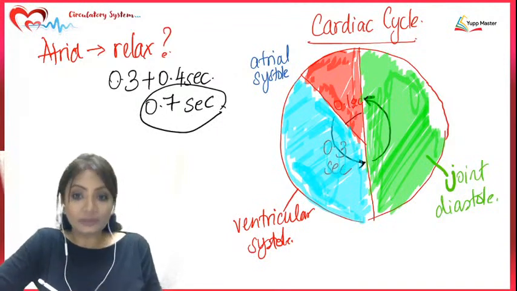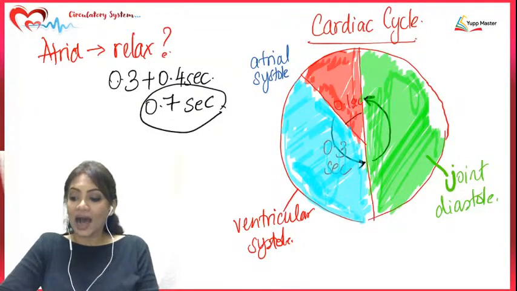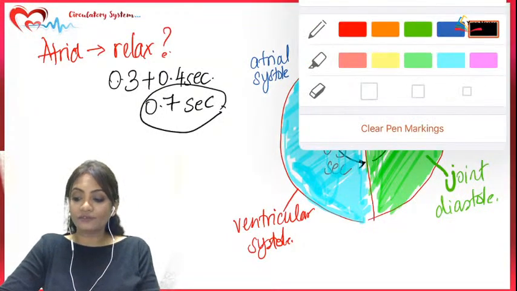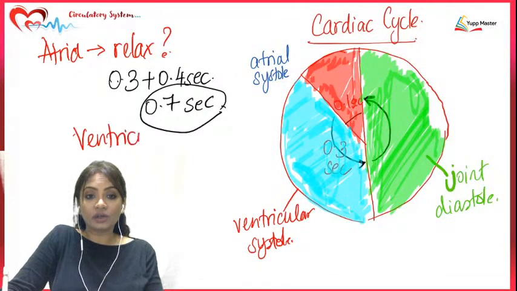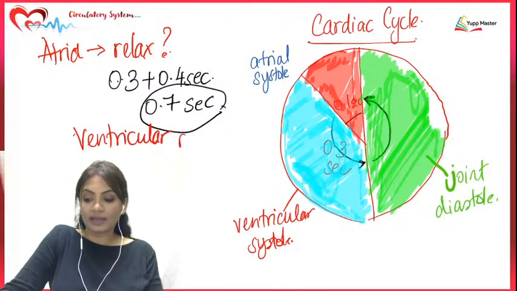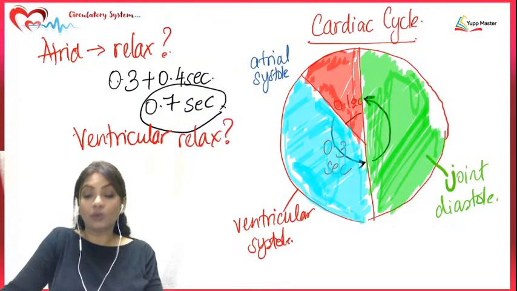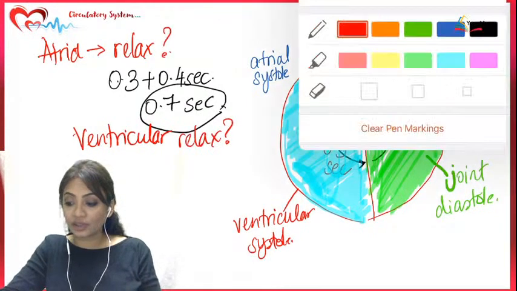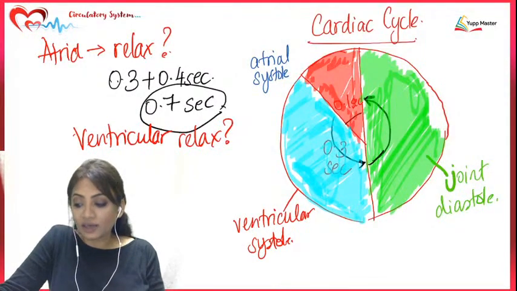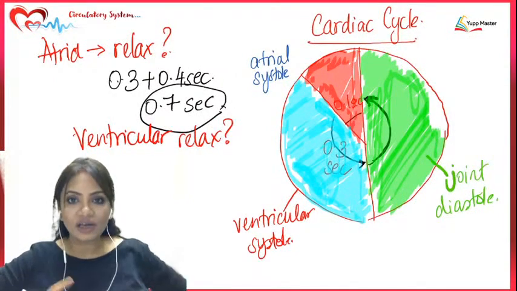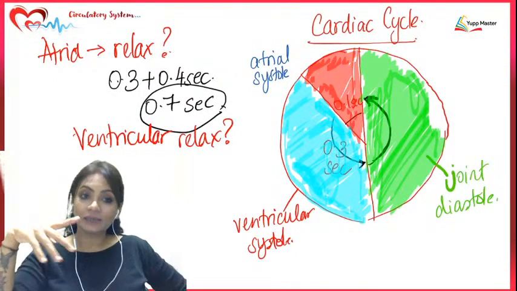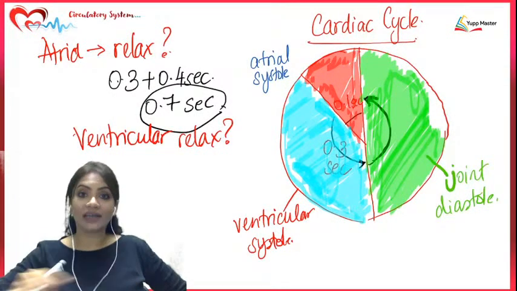What if I ask you, how long do the ventricles relax? My next question is ventricular relaxation. How long is that going to be? Well, ventricles are relaxing throughout the time of joint diastole. But when the atria are contracting, at that time the ventricles are still relaxing.